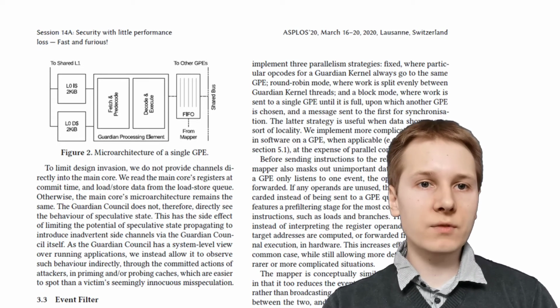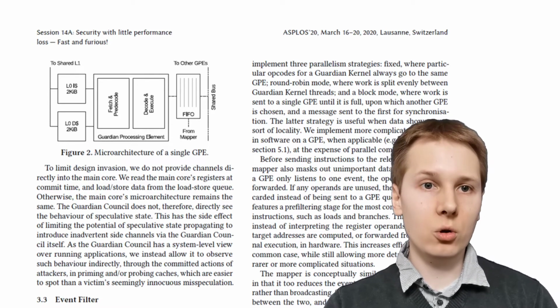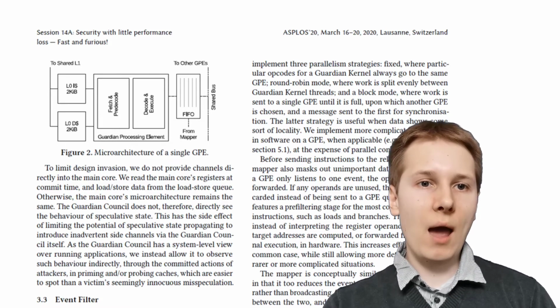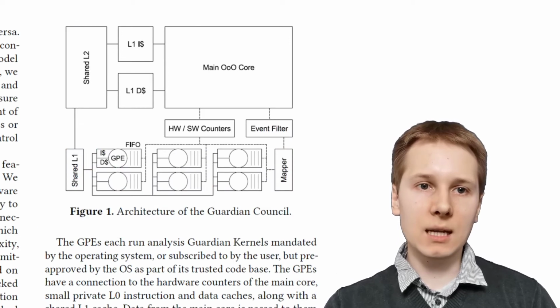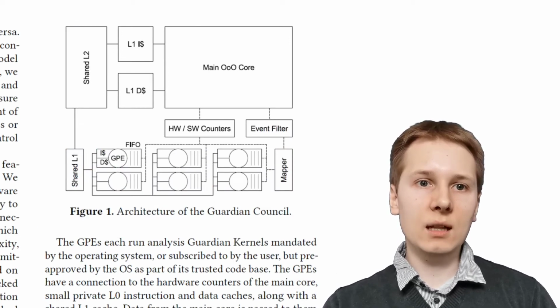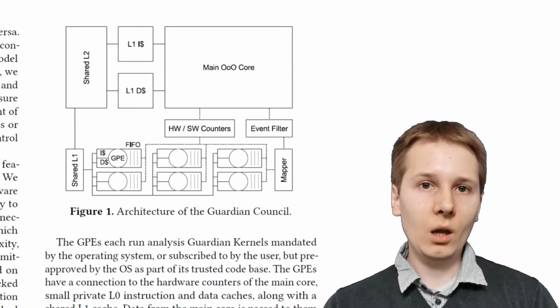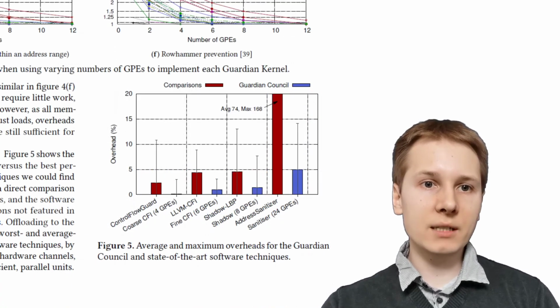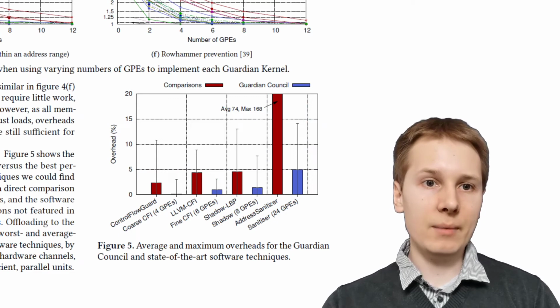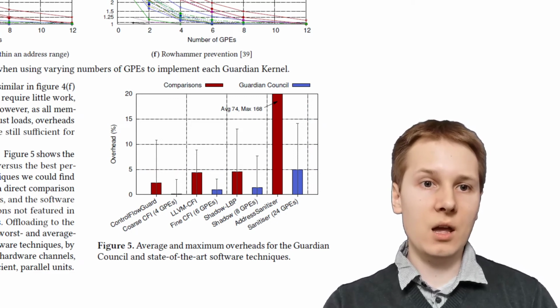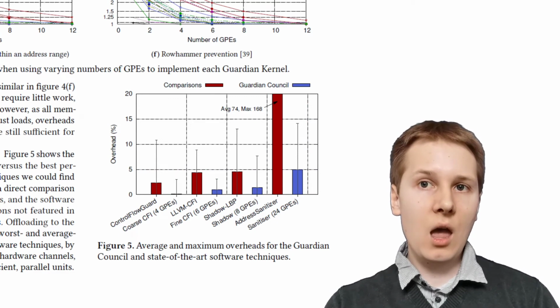And you run lots of different analysis tasks on that in parallel, and you parallelize your analysis tasks across these many different cores. That means that you don't have to sacrifice the programmability, and you can still have very high performance and low overheads. We offload a variety of different strategies onto this, including LLVM CFI based techniques and an address sanitizer like policy, and you can do all of these in very low overheads.